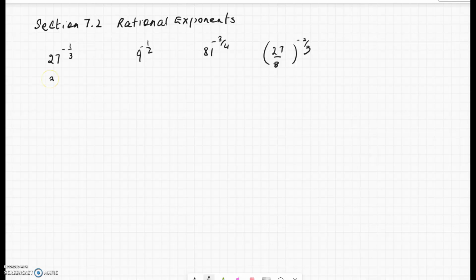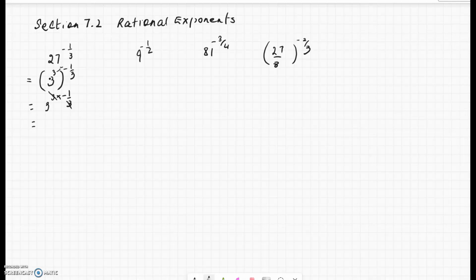27 is 3 times 3 is 9, 9 times 3 is 27. So 3 cubed to the negative 1/3. The rule of exponents is exactly the same, whether it's rational numbers, positive, negative, whole numbers, just anything. All you have to do is multiply these two.